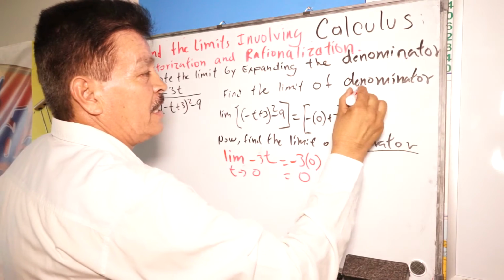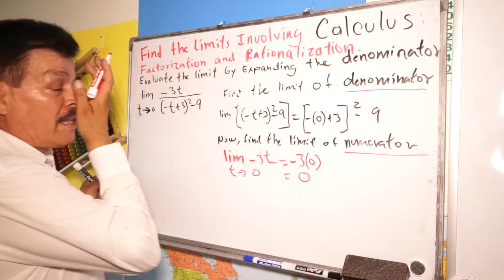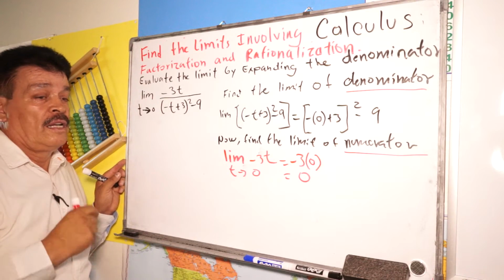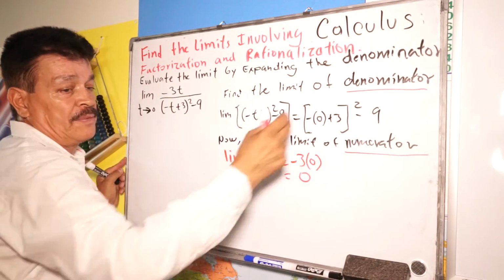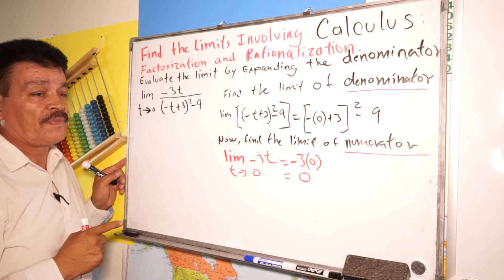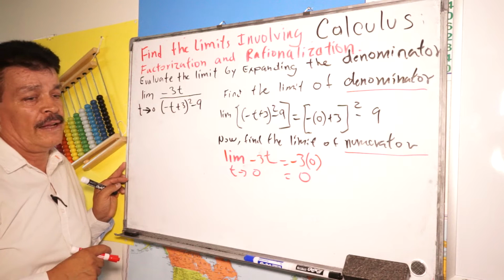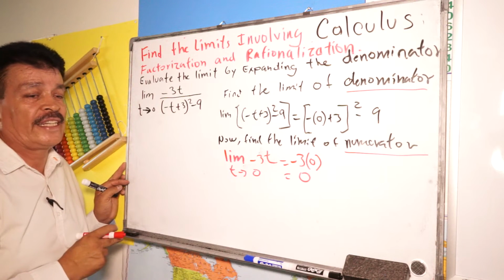Two very important things here. Since the numerator and denominator are both 0, try to find the expression to cancel.